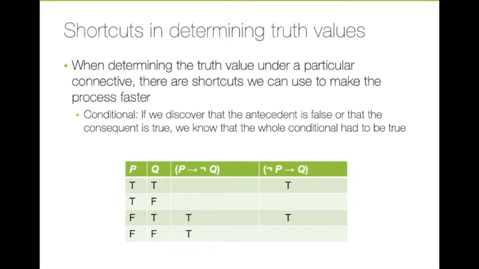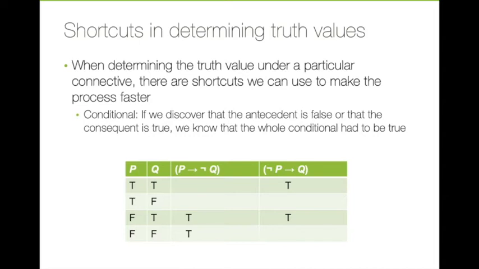Now let's look at the second conditional here. Not P, then Q. In this one, we don't have to calculate not P in the first and third rows. That's because the consequent is true, and the whole conditional is true as long as the consequent is true, regardless of the truth of the antecedent.